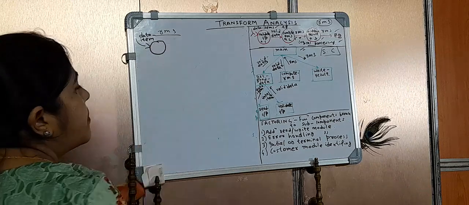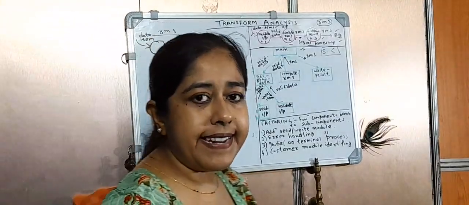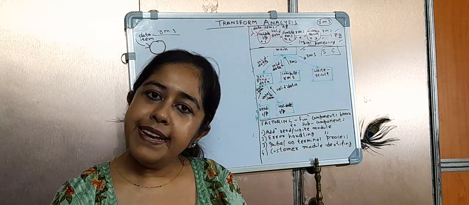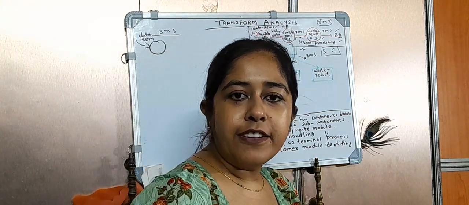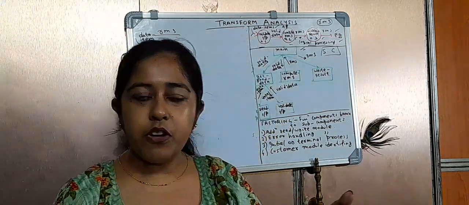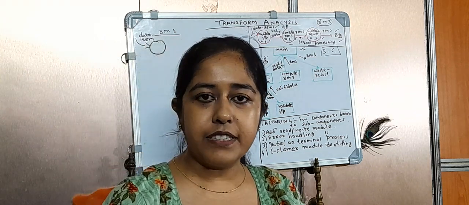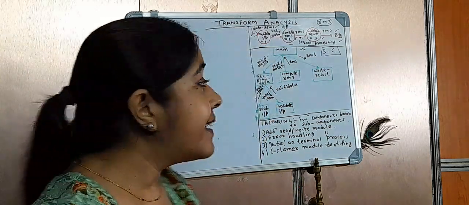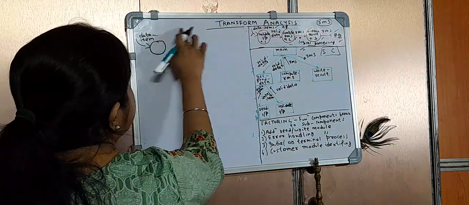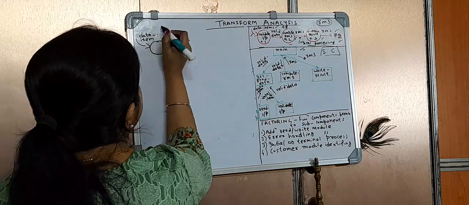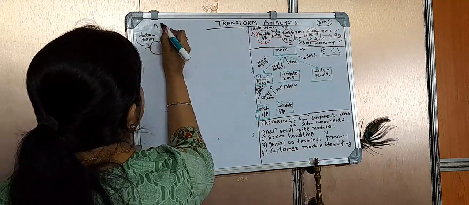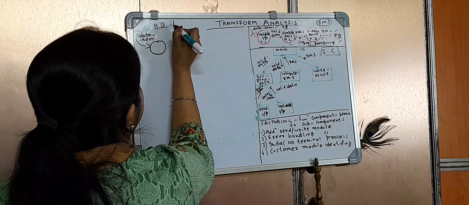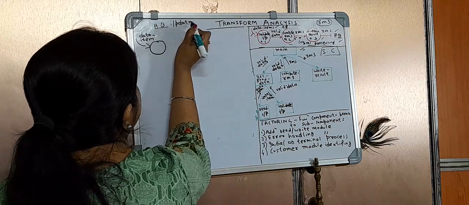This is my first bubble. I am taking out whatever data item I am getting, which kind of data item, that is, the numbers that the user is going to give. That is your input in this case.